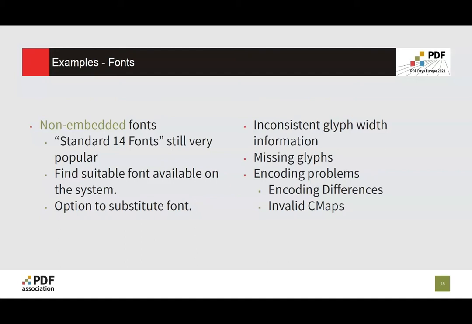In some extreme cases, documents can contain non-embedded CID fonts without properly defined encoding or simply with identity encoding. And in these cases, even the conversion through the rasterization approach will fail to restore the document in the way the producer intended it to be. Another example of problematic font definitions is inconsistent glyph widths.